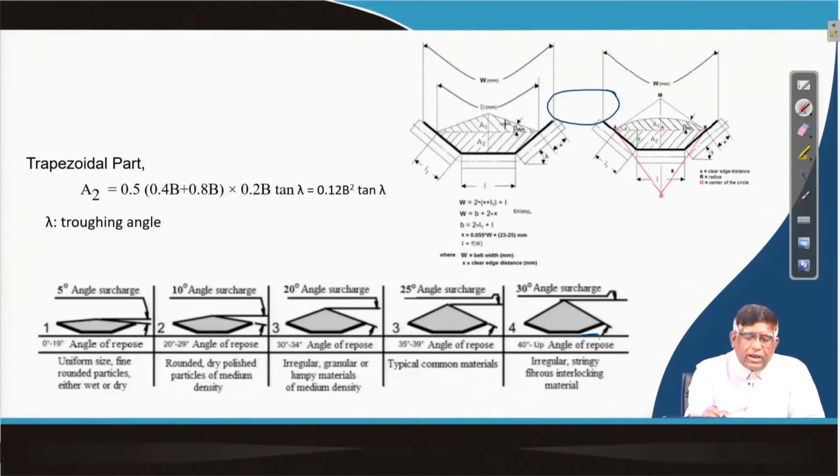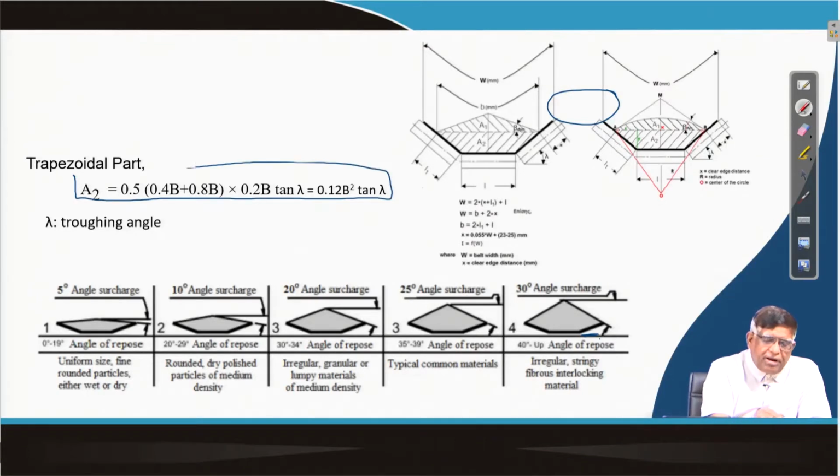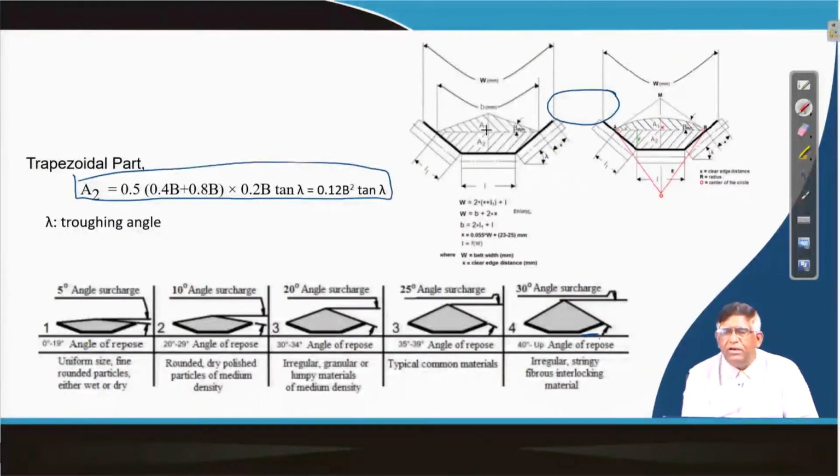This area calculation can be done using some equations, which you can derive, and by that you can find this area, and the rest uses the same formula. One thing is important: depending on the type of material and the angle of repose, the total area will be different.